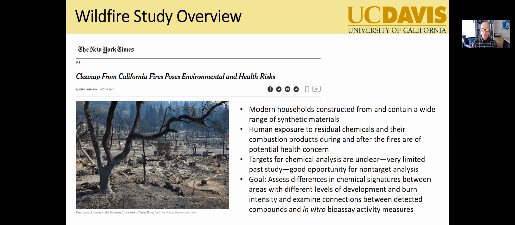And it wasn't clear that when you burn down households constructed from all these different synthetic materials and containing things like pesticides and solvents and electrical insulation and so forth, all of those compounds might not end up in the ash and pose an extra risk to workers who are trying to renovate the site or people who are trying to reoccupy the site.